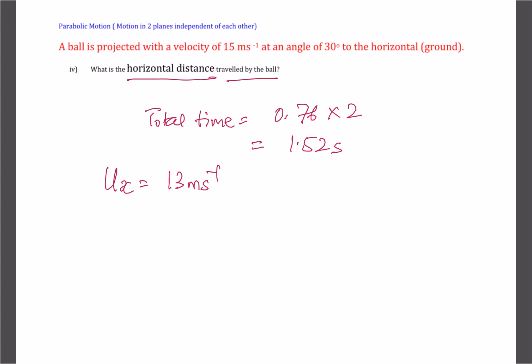Remember, this value remains constant, there's no air resistance, and so it simply works out as 13 times 1.52, and you get an answer of about 20 meters to 2 SF. Right, so there you go. This is how you solve the problem for parabolic motion, where the motion in two planes is independent of each other.